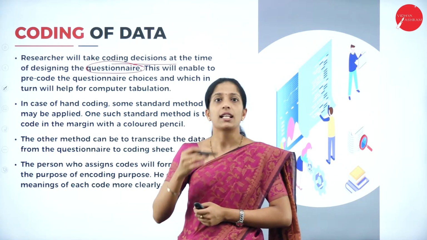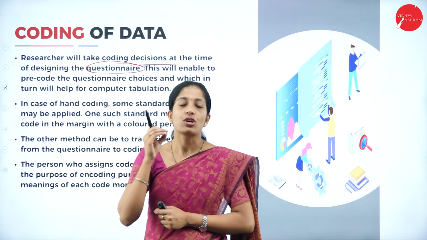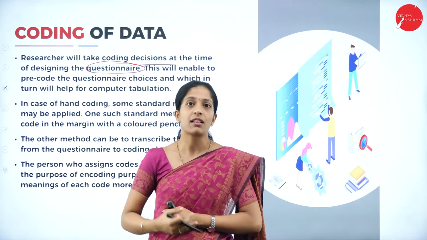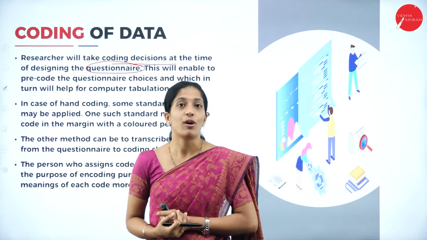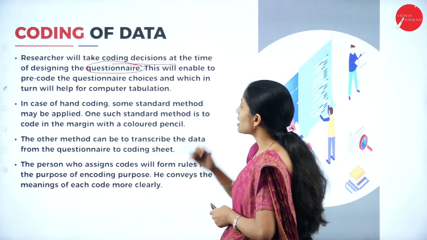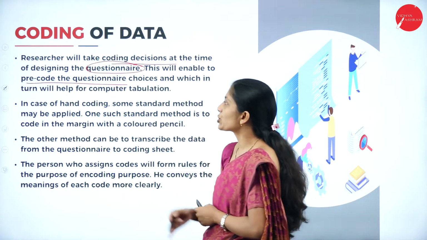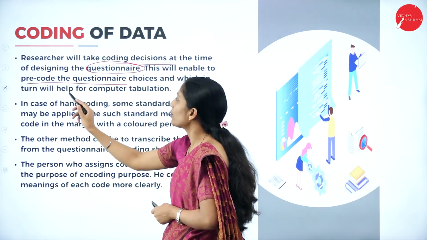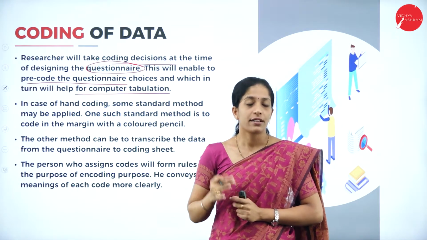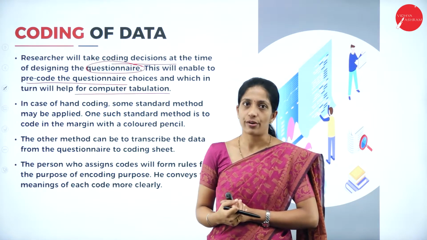That is, while designing the questionnaire, in order to make the identification of answers easy, certain codes will be given. It may be in the form of alphabets, numbers, or Roman numerals. They are known as pre-coding. This will pre-code the questionnaire choices, which in turn will help computer tabulation, so the data can be analyzed very easily.